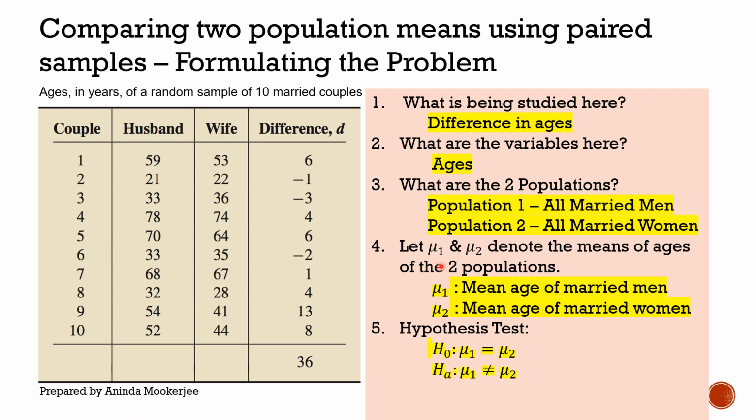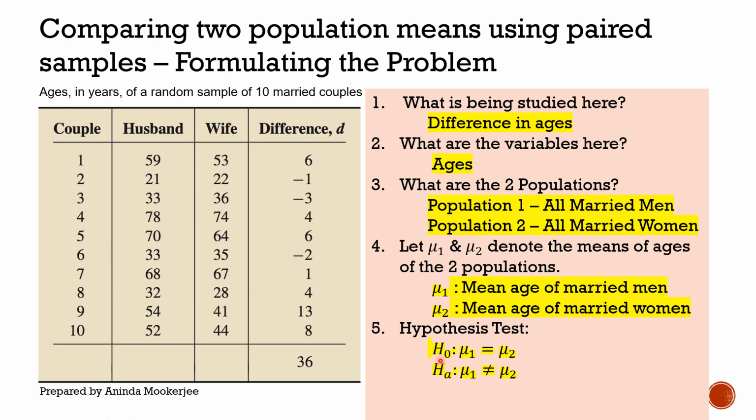Let mu sub 1 and mu sub 2 denote the means of ages of the two populations. Mu sub 1 would be the mean age of married men, and mu sub 2 would be the mean age of married women. The hypothesis test statement would be the same as what we used for the independent samples.